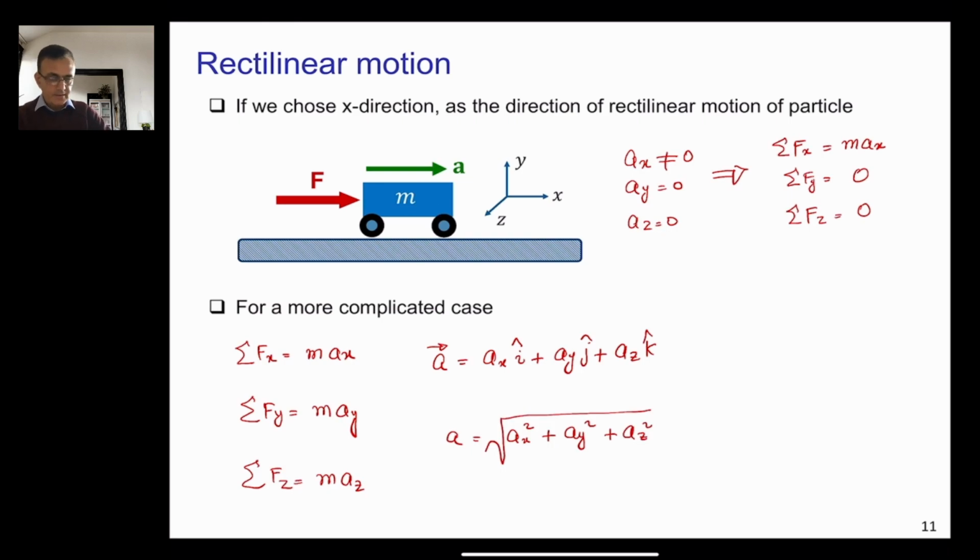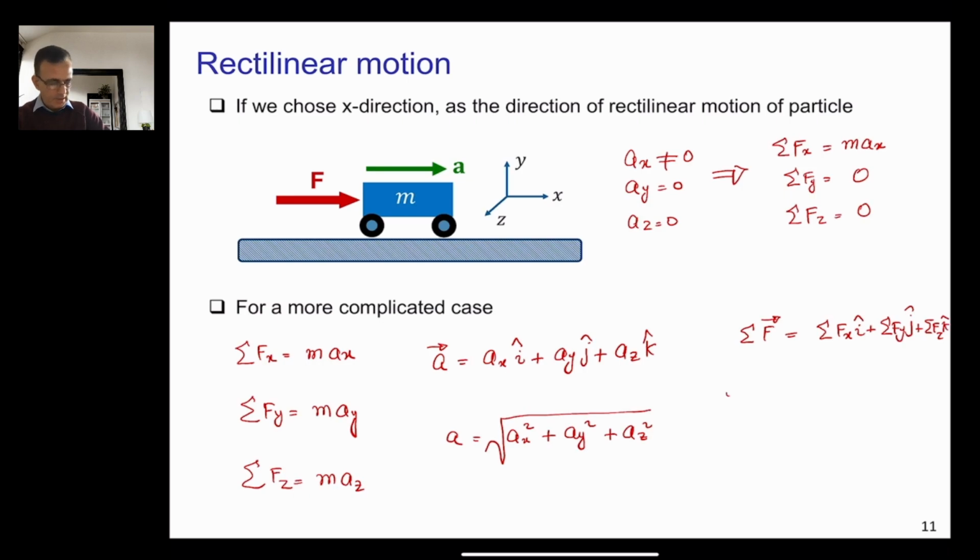And again, the forces can be written in this form. So we can write that the summation of all the forces, which is again a vector here, can be written as summation of all the forces in x direction, i, summation of forces in y direction, j, and summation of all the forces in z direction, k.